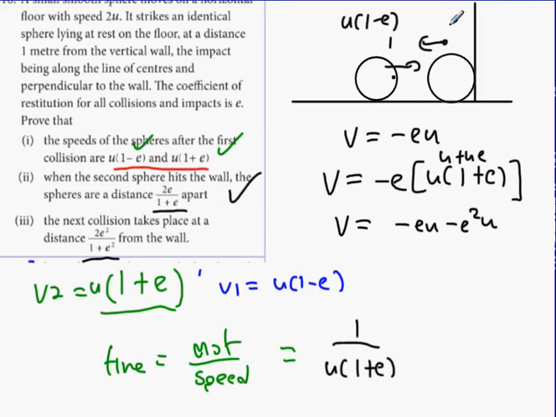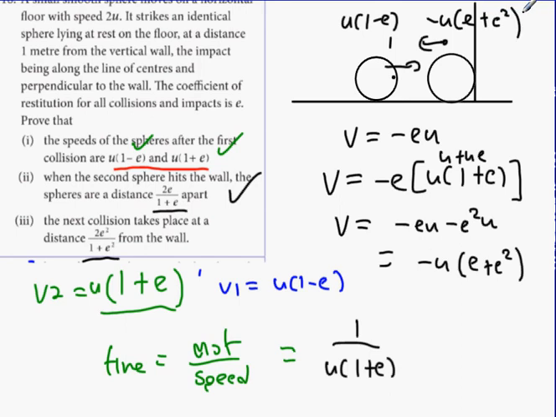We can still take out minus u, just to make it look like the second one. So take out minus u, and we're left with e plus e squared, so minus u into e plus e squared.